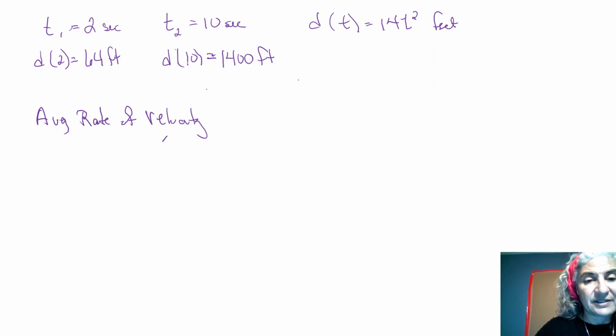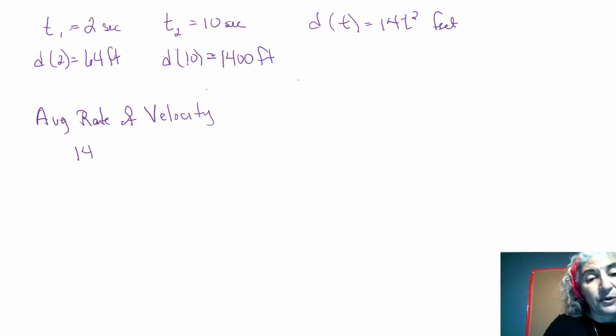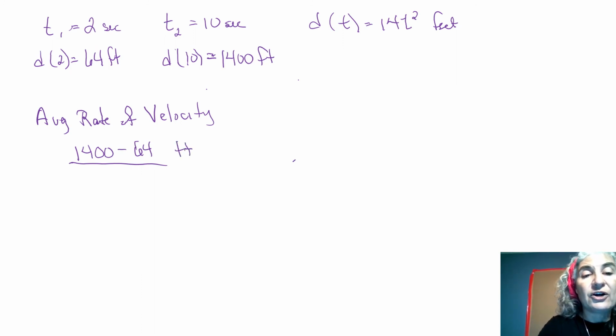Ooh, that word velocity does not look very nice, does it? And regardless, you're still finding it the same way. It's the difference of your outputs, which in this case is going to be 1,400 minus 64, and that's in feet, over the difference of your inputs, which is time in this case, and that's in seconds. I have to make sure that I write the inputs in the same order I wrote the outputs.